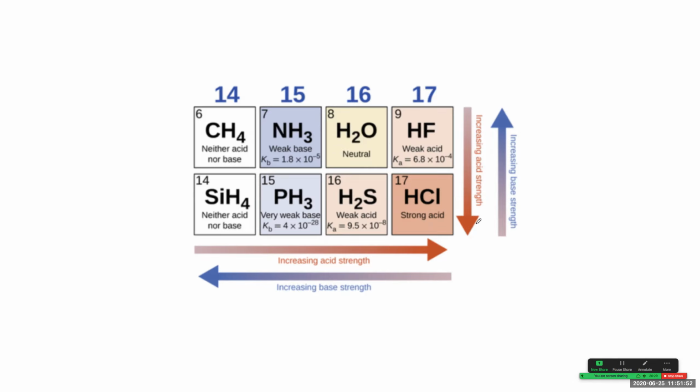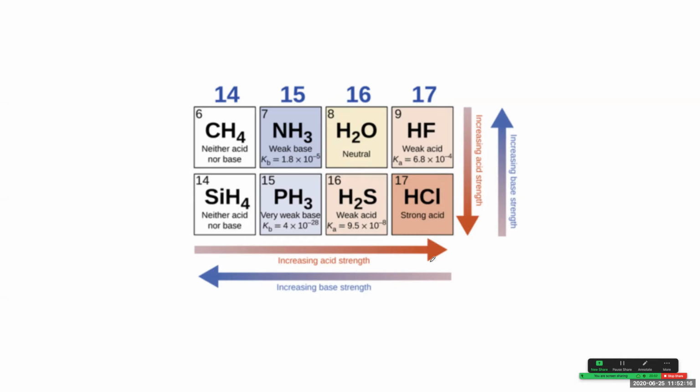As you go down the periodic table in hydrogen-containing compounds with these elements, you form stronger acids. So HCl is a stronger acid than HF. And as you go down the 17th group, the halogens, the acids keep getting stronger and stronger.